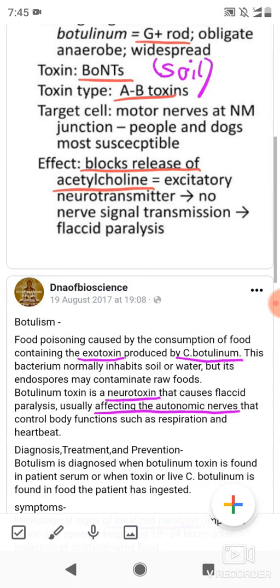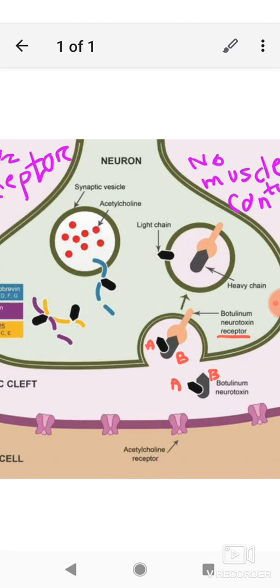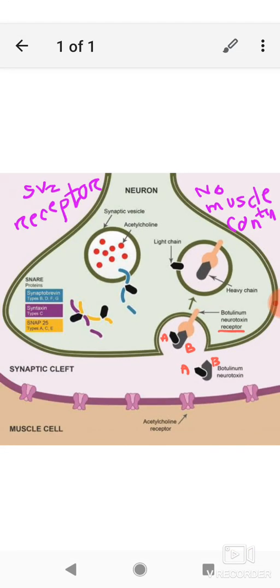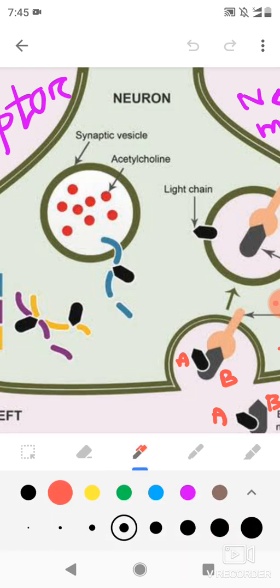So next we'll discuss the mechanism of the botulism toxin. As you can see in this picture, this is the acetylcholine receptor.